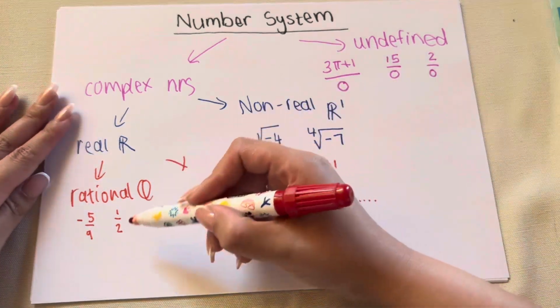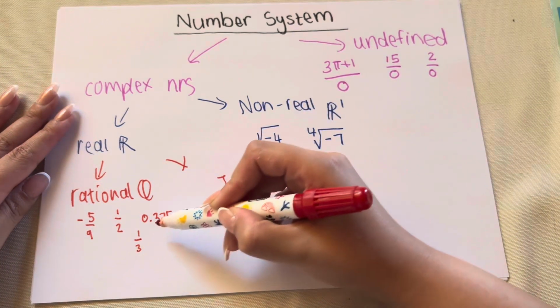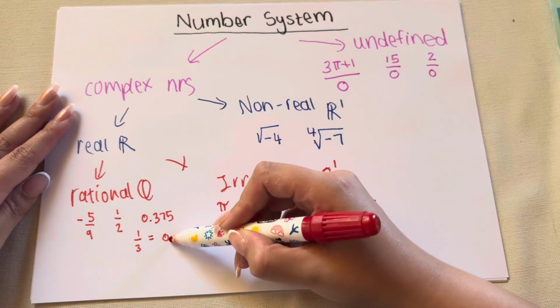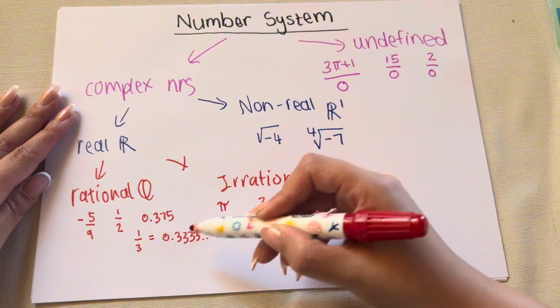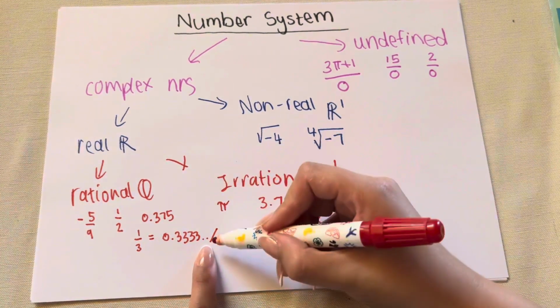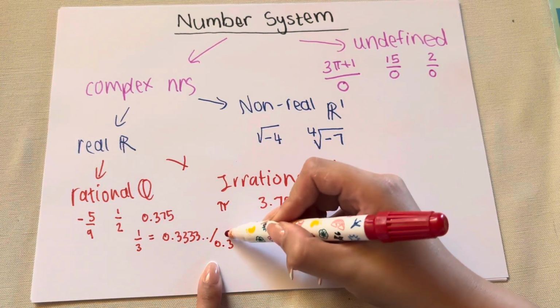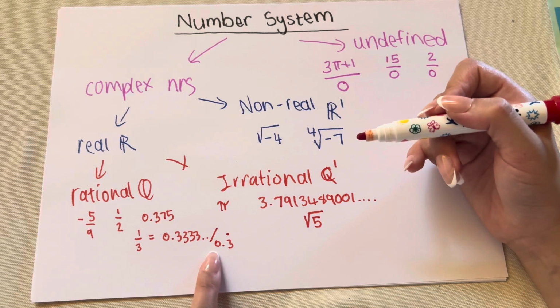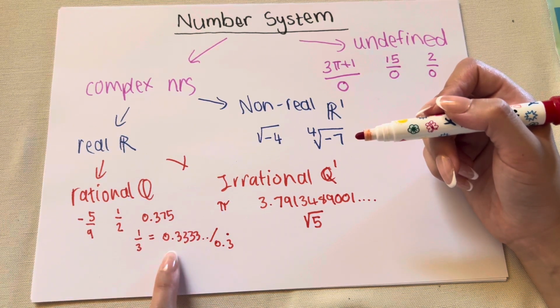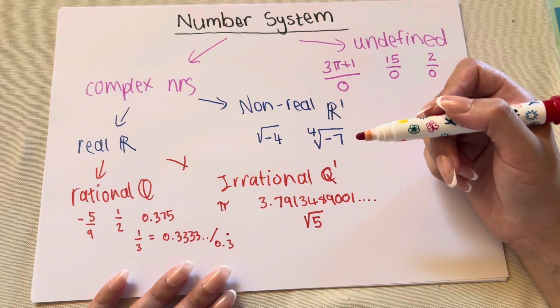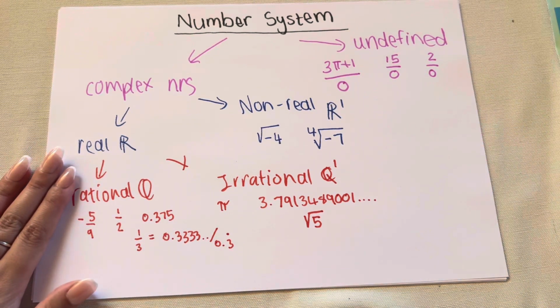Even if I look at the fraction 1 over 3, as a decimal it's 0.33333. We can also denote this as 0.3 with a dot on top. This term is recurring. So we can have decimals if it's terminating or if it is recurring, then it's still classified as rational.